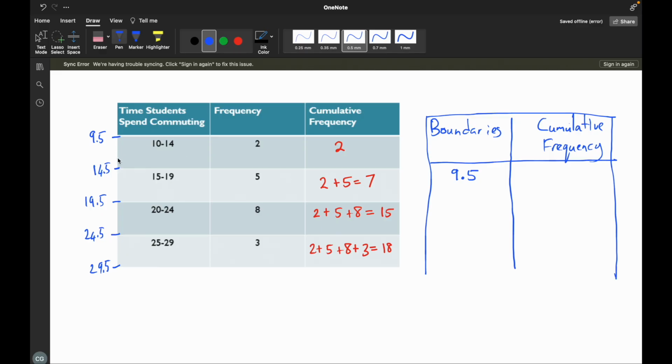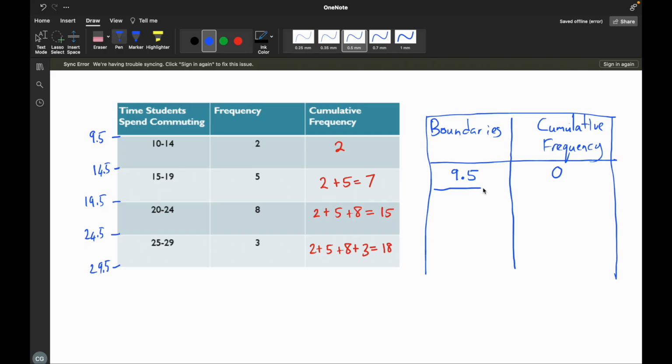We start with this first one, 9.5, but up to this point, 9.5, there was actually no data. Okay, so what number do you think I could put here for 9.5? Since there was no data, what do you think I would put here? 0. Excellent.